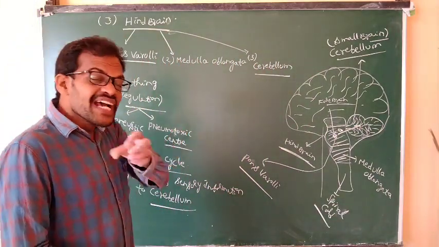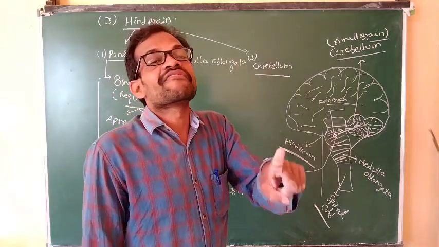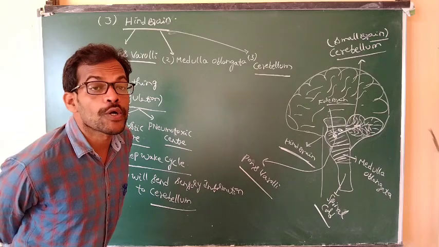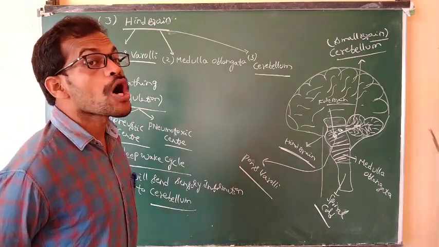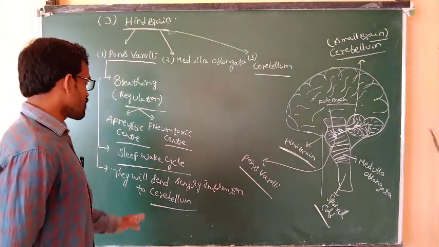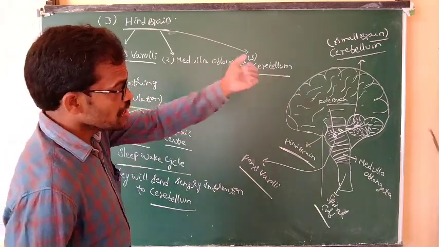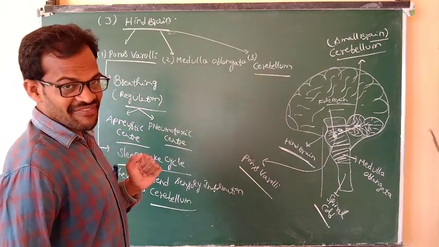The cerebellum receives the sensory information from the pons varolii. It is also a main important function. So the pons varolii sends sensory information to the cerebellum and also regulates breathing.